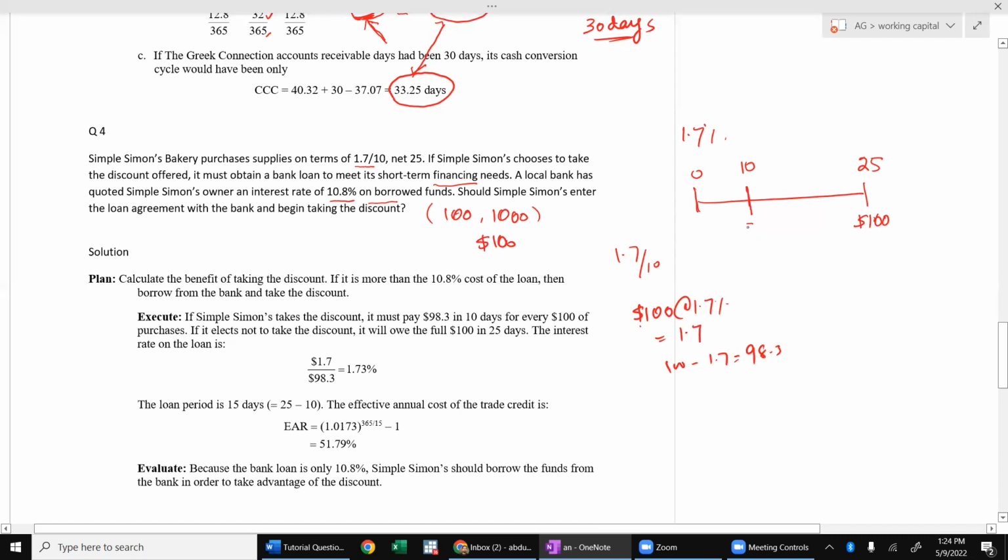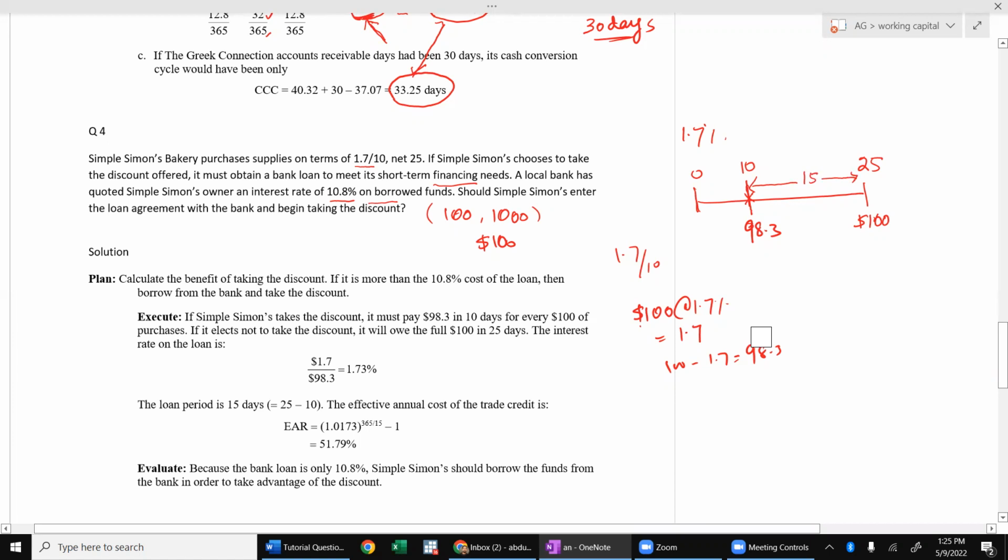So it means you will pay 98.3 on the 10th day if you pay. So you will get a discount of 1.7. So if you see the difference here, how many days earlier are you paying back? You are paying back earlier by 15 days.